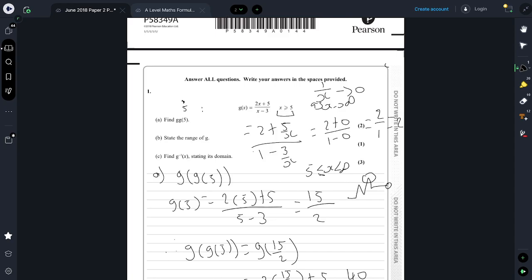You should also notice 1 over x: as x gets bigger, 1 over x gets smaller because you are dividing by a bigger number, okay?